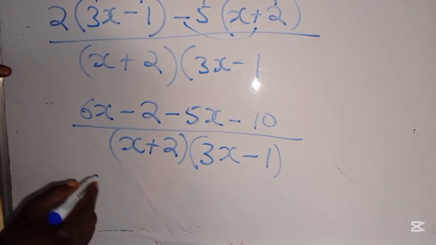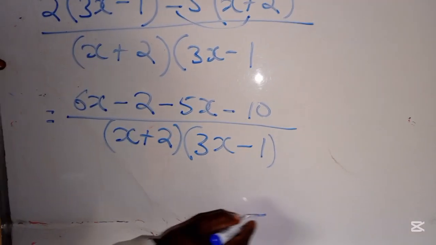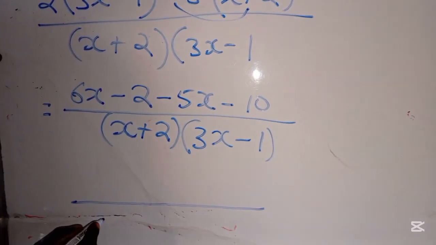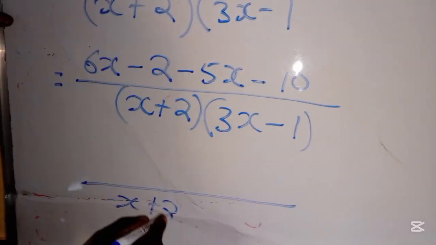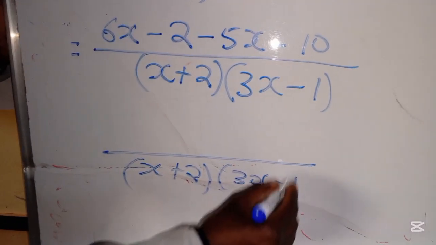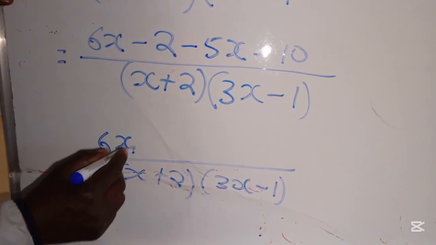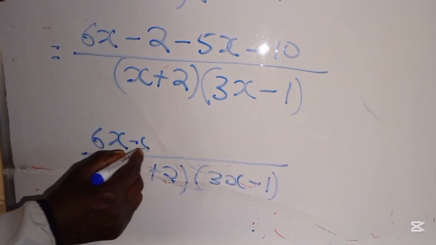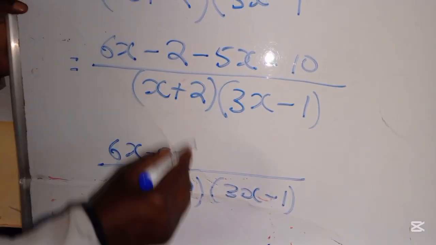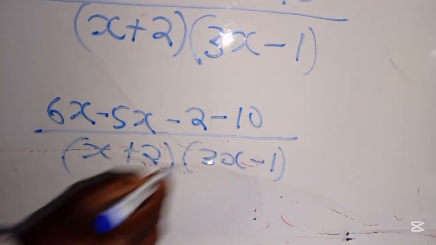Put the like terms together. Mind you, when you reach here, you maintain the denominator, meaning my denominator is x plus 2 bracket 3x minus 1 bracket. So here it will be 6x, mind you, minus 5x, and here it will be negative 2 minus 10.